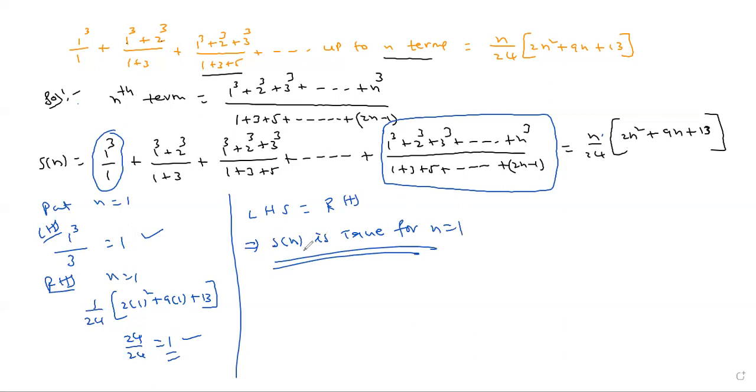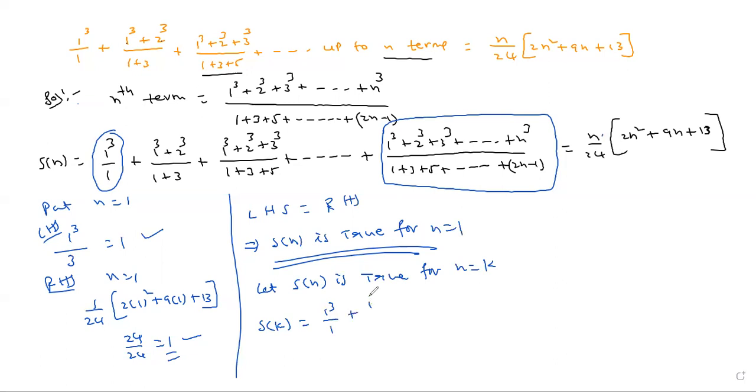Okay. Now what is the next step? Let S of n be true for n equal to k. Now rewrite the given statement by taking n as k.